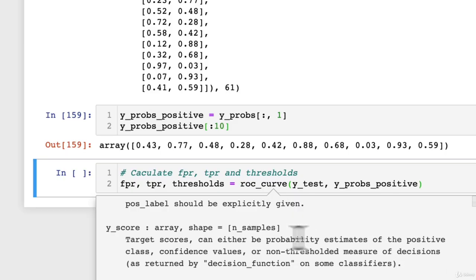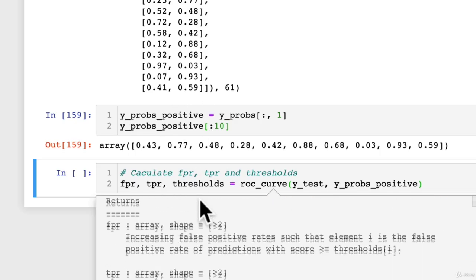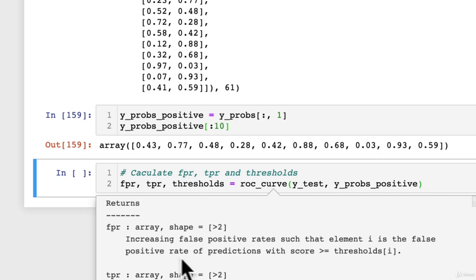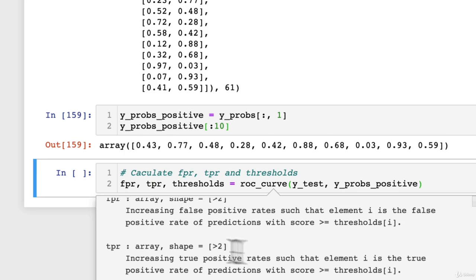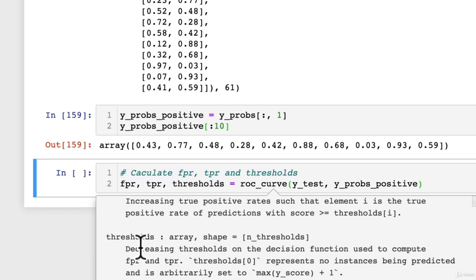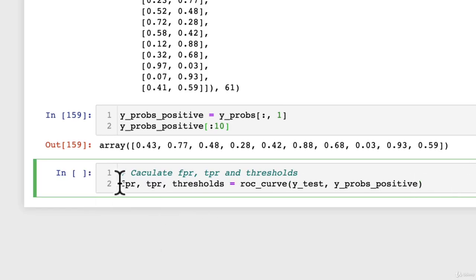So that's the probability estimates of the positive class. That's where we got this slice from, right? And then if we come down here, it's going to tell us what it returns. FPR, increasing false positive rates such that element i is the false positive rate of predictions with score above thresholds. TPR, so that's the true positive rate, and thresholds. So that's how we can figure out what a function returns.